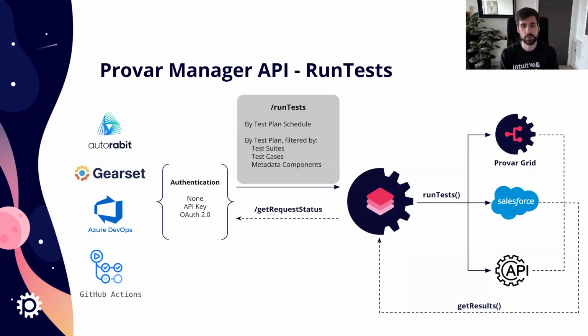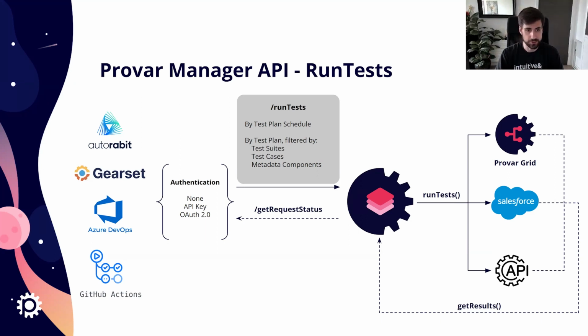Okay, let's move on to the next one. So here, I wanted to dive just a bit into the API. When I mentioned the API before, you may have ignored what I said, like, what do I need an API for? If you're using any system that is not Salesforce native, for example, AutoRapid, GearSet, Azure DevOps pipelines, or GitHub Actions, now with the Provar Manager API, you have the ability to trigger your tests through Manager.